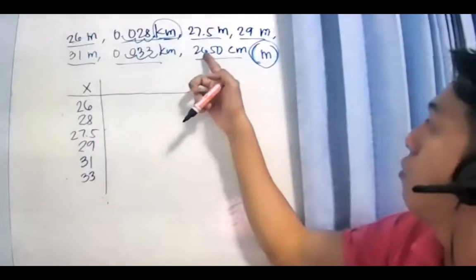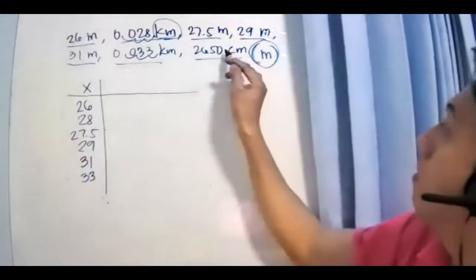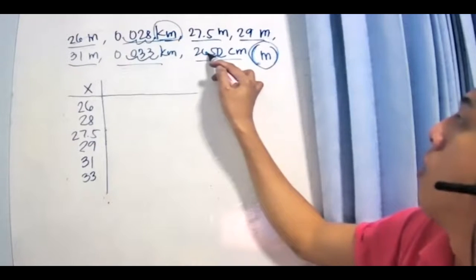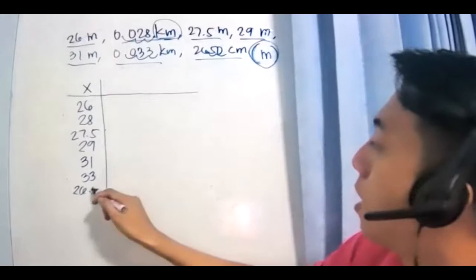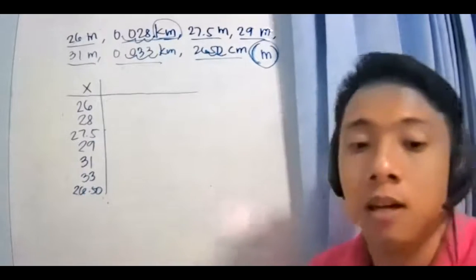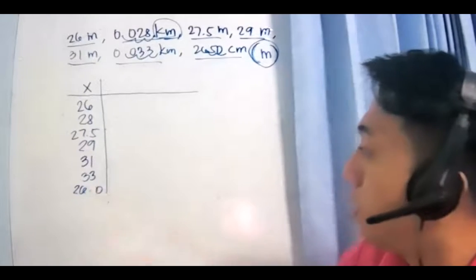And then 26.5 centimeters. I will just move the decimal point here 2 times. Okay, so it will become 26.50.